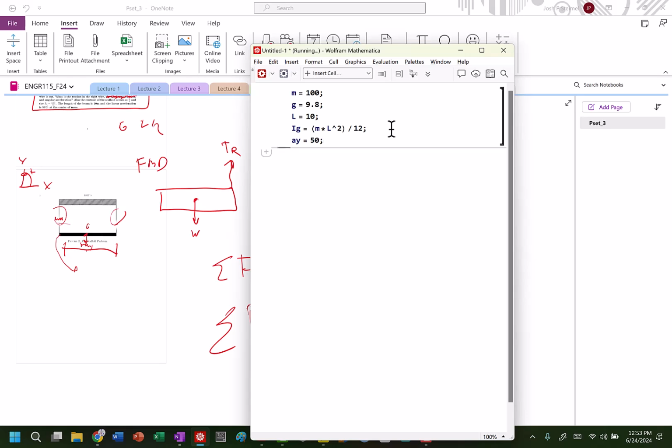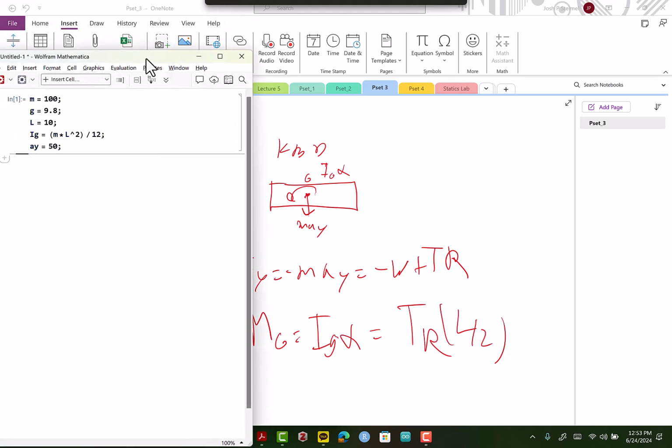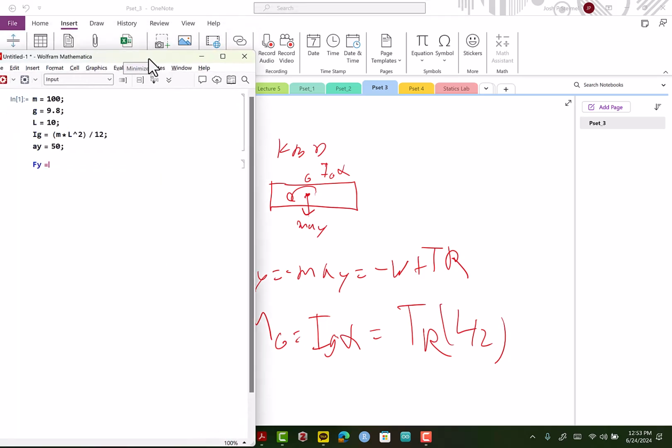So we'll define that. In the meantime, we'll set up Fy equals minus M times AY, set that equal to minus W, which we'll define W equals mass times G, minus W plus TR.